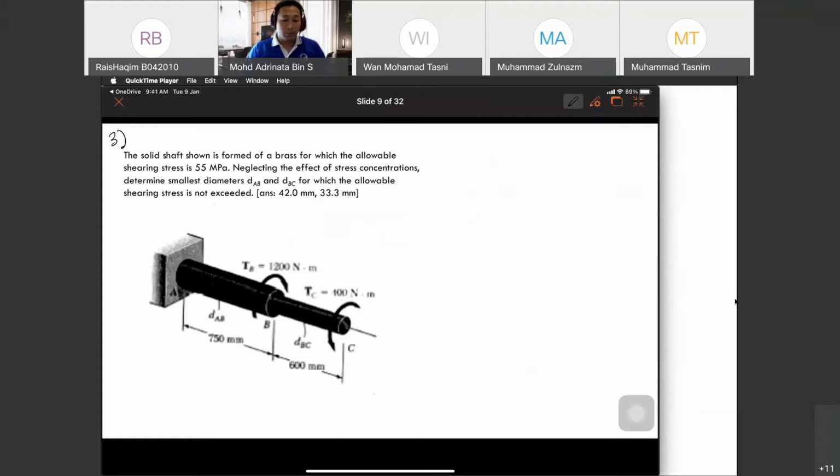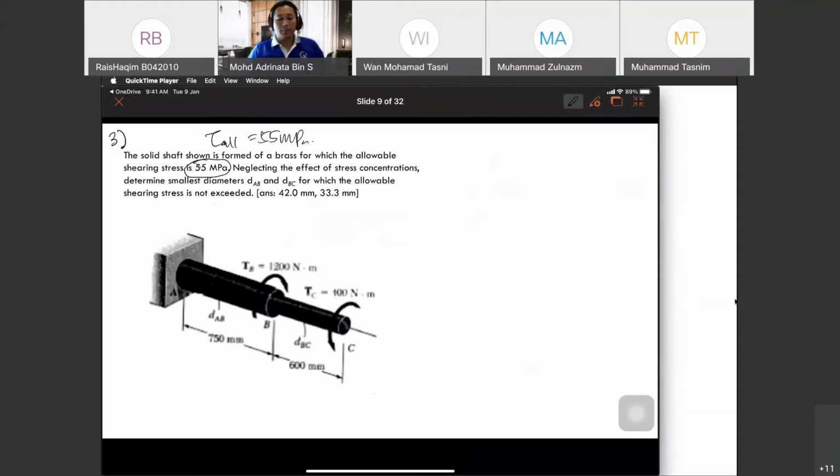Alright, so number 3, the solid shaft shown is formed of a brass for which the allowable shearing stress, tau allowable, equals 55 megapascal.